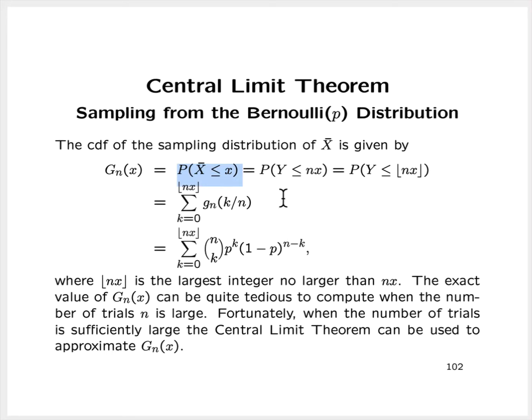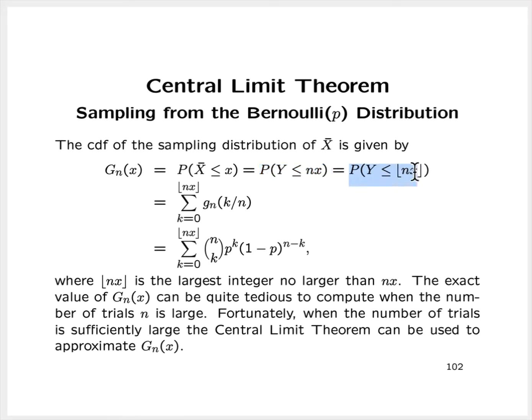This is equal to the probability that y, which remember is the numerator of x bar, the sum of the x's, is less than or equal to n times x.